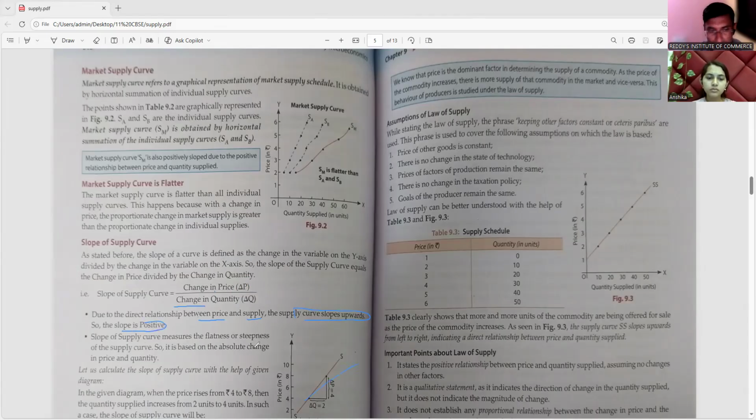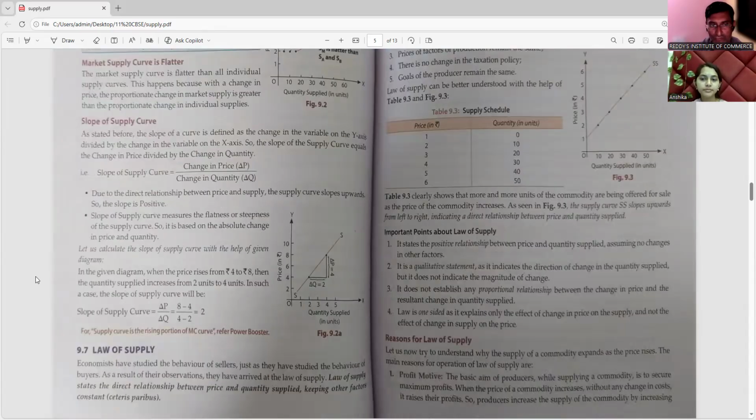If it is going upward, it means what? It shows the positive side. But the slope of the supply curve measures the flatness or steepness of the supply curve. So it is based on the absolute change in the price and quantity. Absolutely changing in both things, in the quantity as well as price.